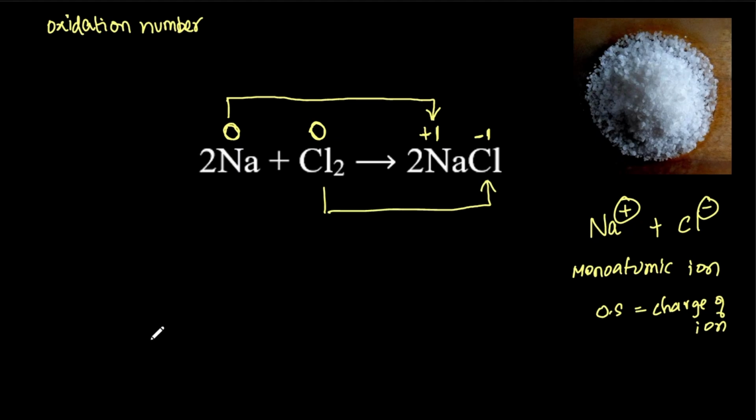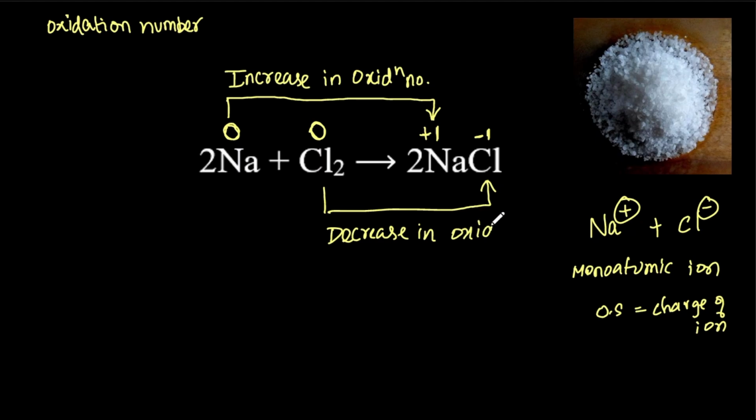Put an arrow mark. See the oxidation state change in sodium. From 0, it has become +1. From 0 to +1 is an increase in oxidation number. See the oxidation number of chlorine. From 0, it has become -1. 0 to -1 is a decrease in oxidation number.